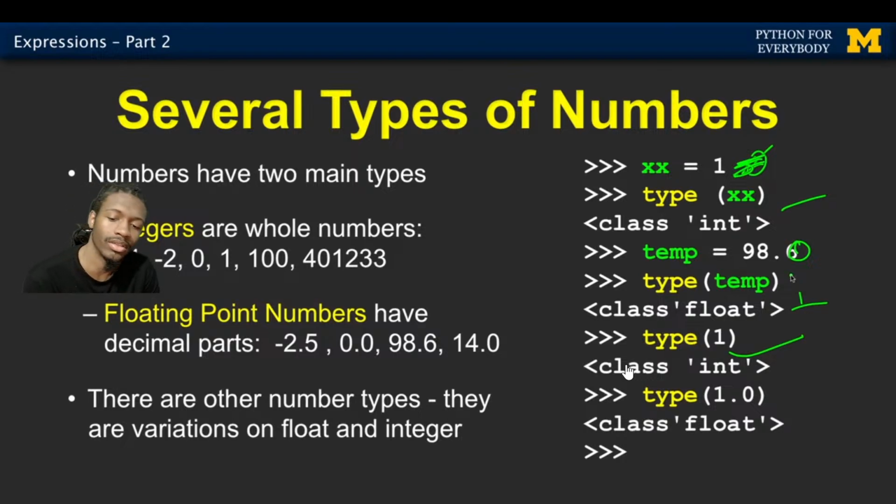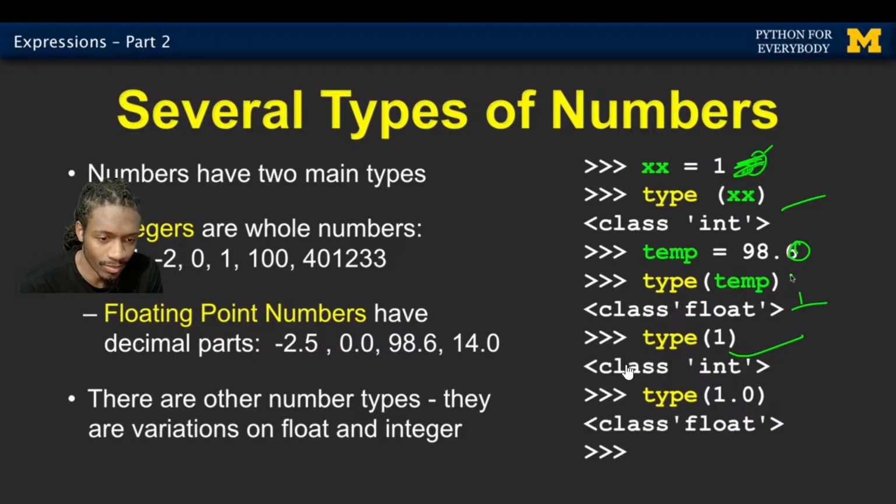There are other number types. Okay, XX equals 1. Type XX. It is a class integer. Temp equals 98.6. Type temp. Class float.